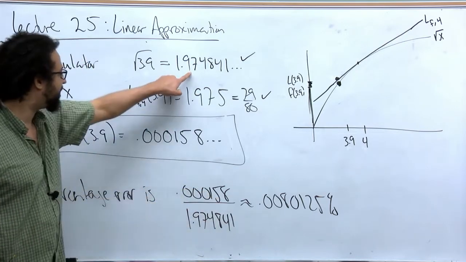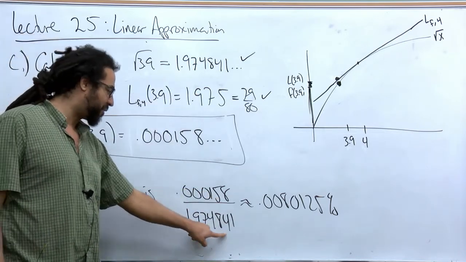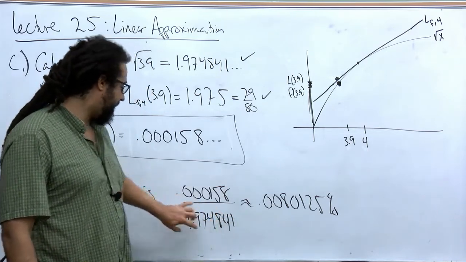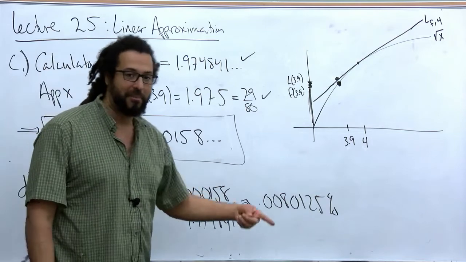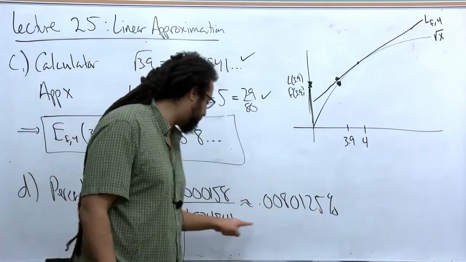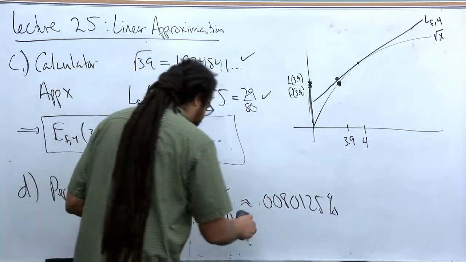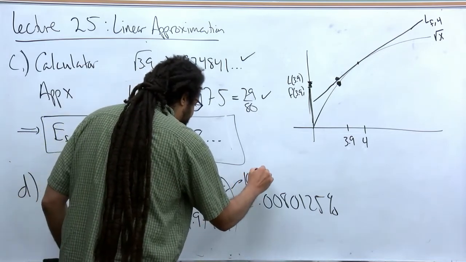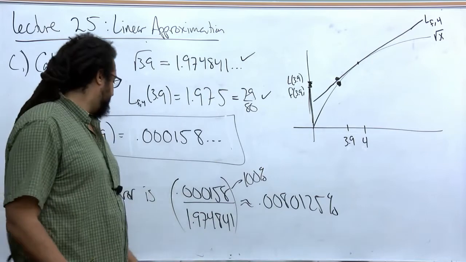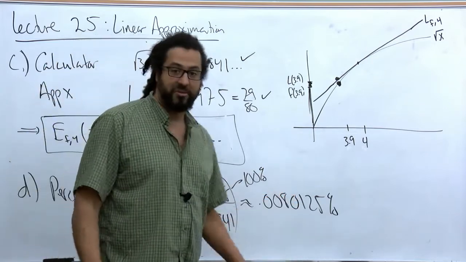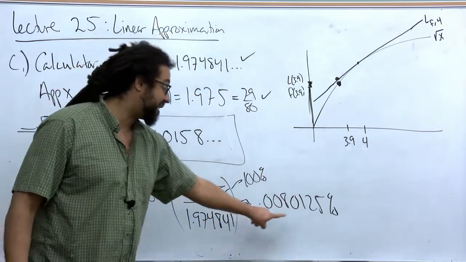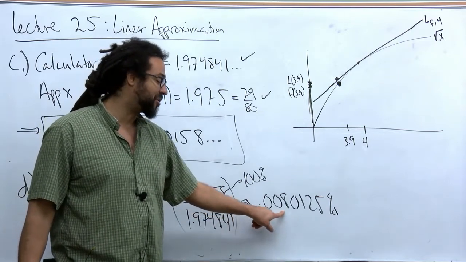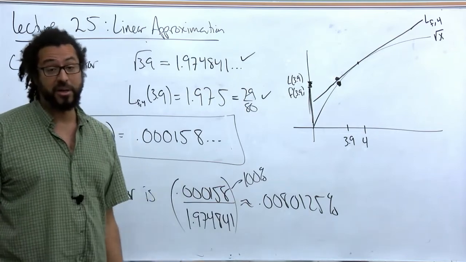The actual value that we got, 1.974, and so on. So divide on a calculator and then multiply by 100, and this is what you get for the final answer. So this would be a good final answer for the percentage error. And we can see that this approximation is really pretty good. To only be off by 0.008%, that's a pretty good approximation.